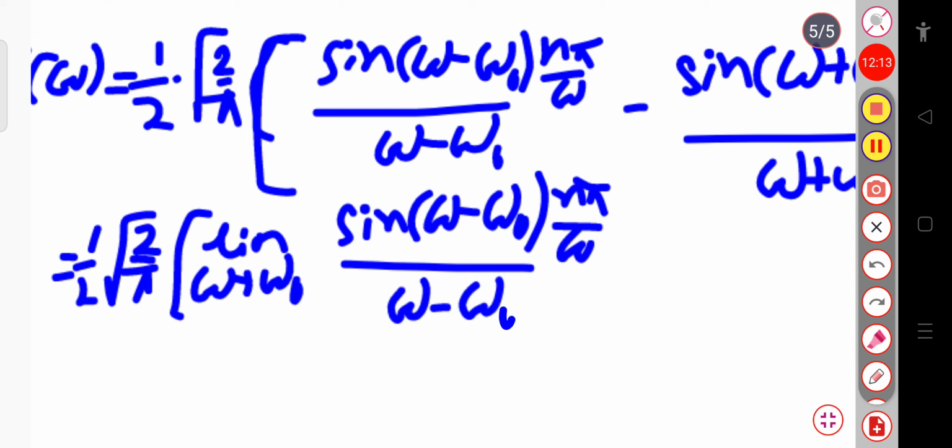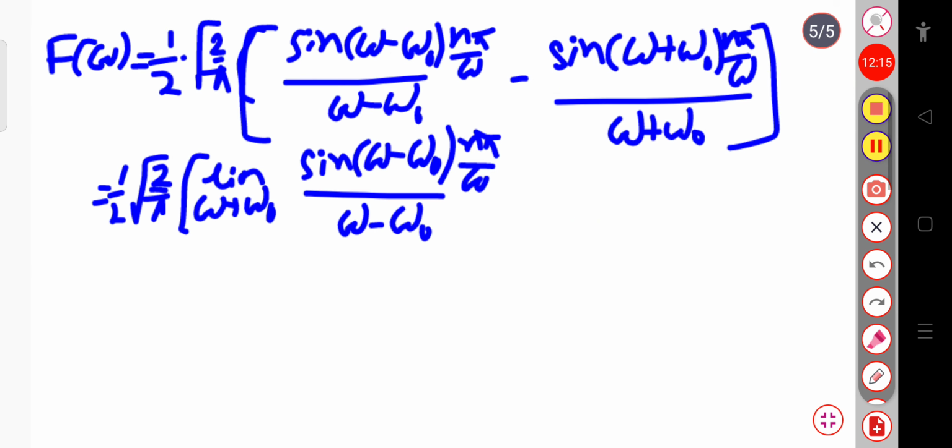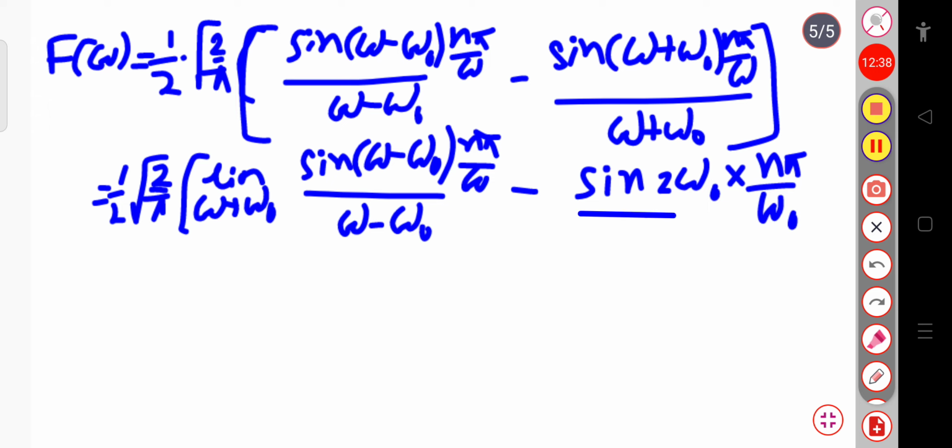And in the second term, if I put the value of omega equal to omega naught here, then this will be minus sin of twice omega naught, that is omega naught plus omega naught, into n pi by omega naught, divided by omega naught plus omega naught, here also twice omega naught.